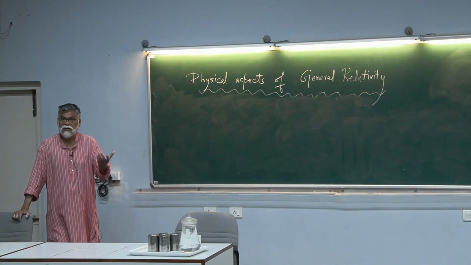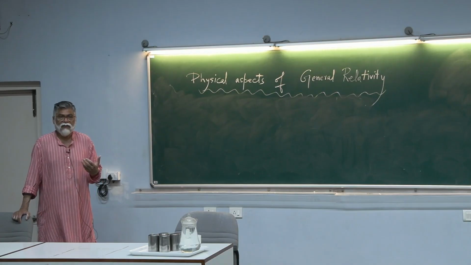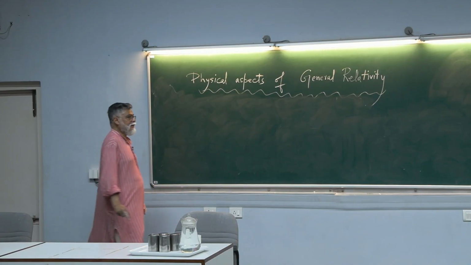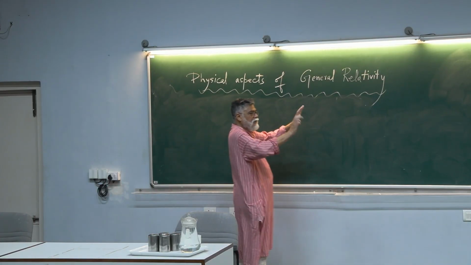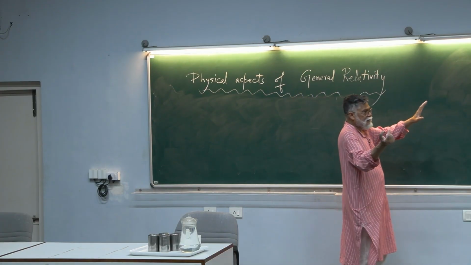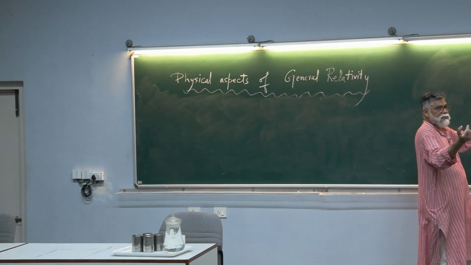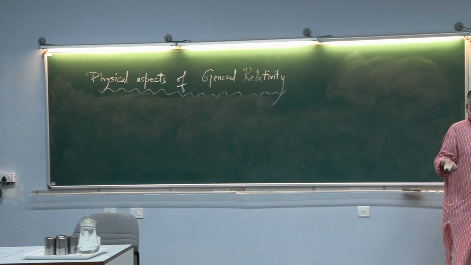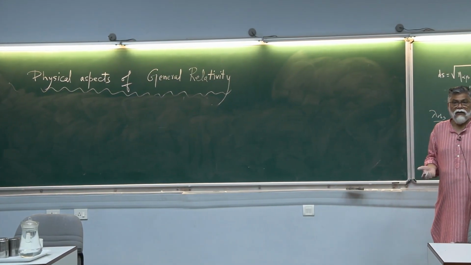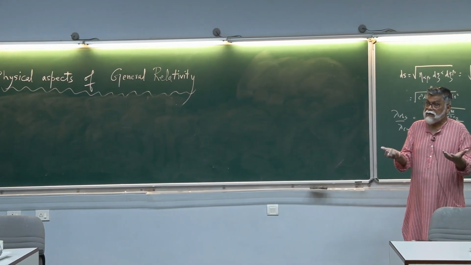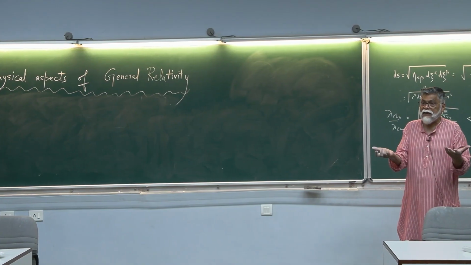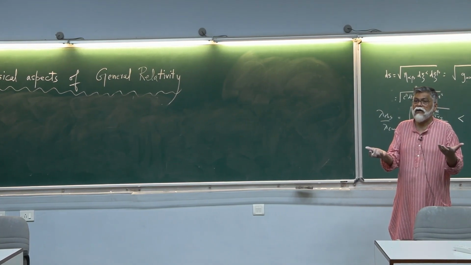Very often students ask me that: in special relativity you told me that light or zero rest mass particles always travel with speed c in an inertial frame. What about a curvilinear coordinate system? In a curvilinear coordinate system, velocity is coordinate dependent.